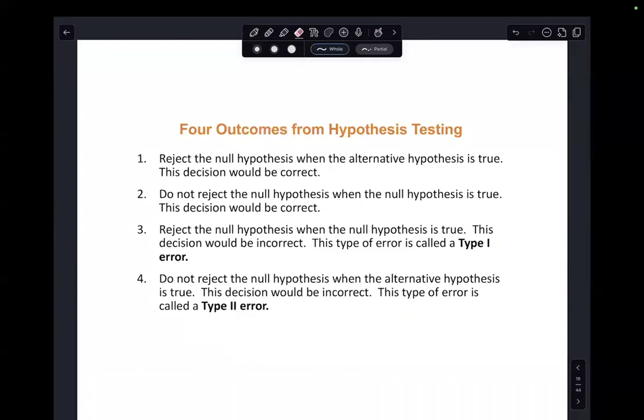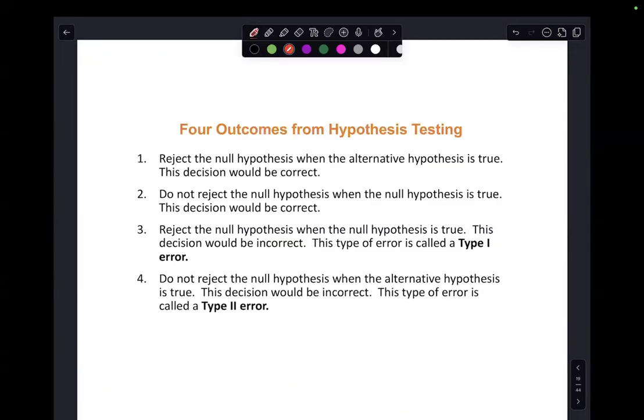I can tell you there will be a type 1 and type 2 error on the test, but just make sure you follow the directions completely. I'm pretty gentle with grading because I forget which they are. If I can't remember them, I don't expect you to memorize them, but you have them right in your notes. So these are the four different outcomes.